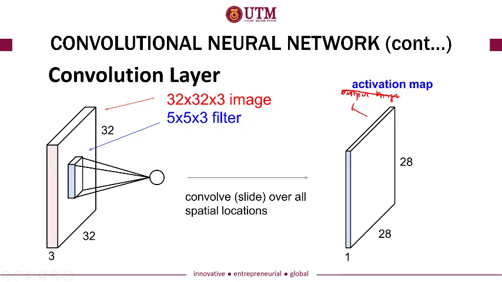Why is it an activation map? Because the activation map refers to your O. In a neural network it is O, a matrix of O. This is your O. Don't get confused, because in the last lecture, when I said that after you do the convolution over the entire image you will get a matrix, of course you get the matrix there.